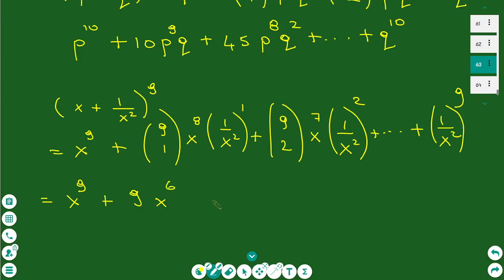Then C(9, 2) is 36 times x to the power of 7 over x to the power of 4, which gives us x to the power of 3, plus dot dot dot plus 1 over x to the power of 18. This is the last term of the expansion, but we need to follow all of the terms and simplify the terms using the indices rules. This is the binomial expansion.